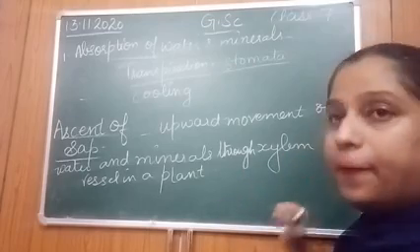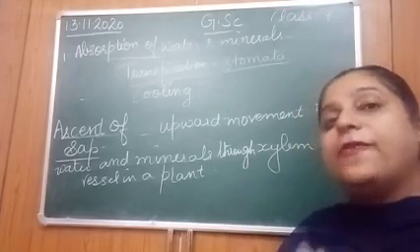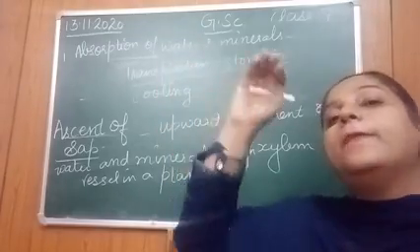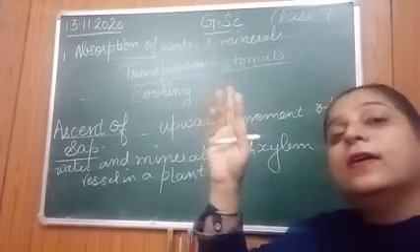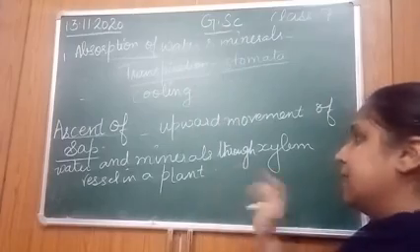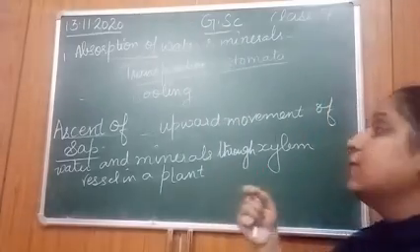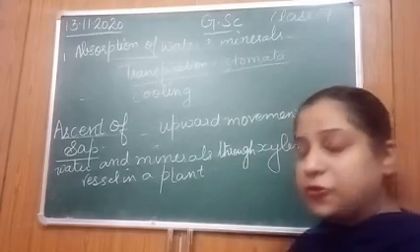Due to this upward pull, the water and minerals from the roots reach the uppermost tip, or you can say up to the height of the tree through xylem vessel. This is known as ascent of sap. Hope this is clear to you all.